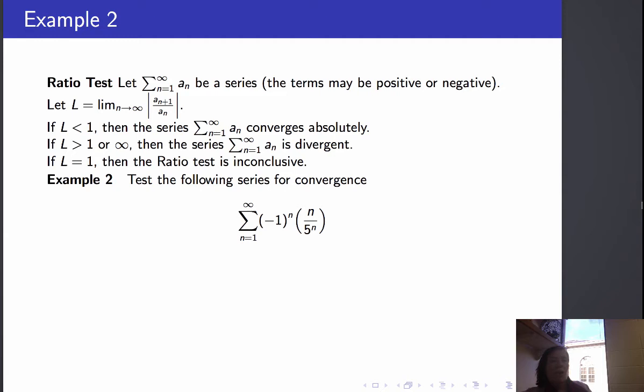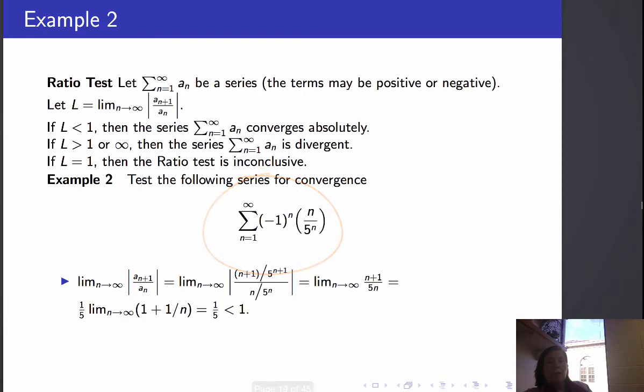Let's test the following series for convergence, the sum of (-1)^n times n over 5^n. We're looking at the limit as n goes to infinity of the absolute value of a_{n+1} over a_n, and that's the limit as n goes to infinity of (n+1) over 5^(n+1) divided by n over 5^n.